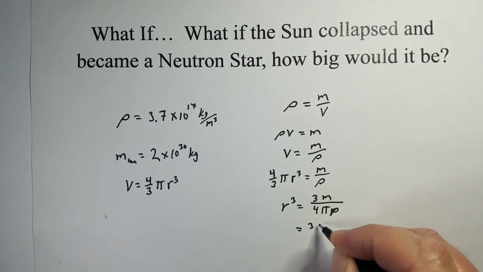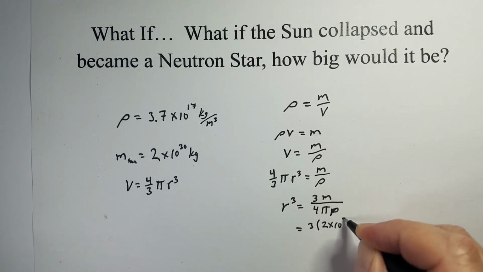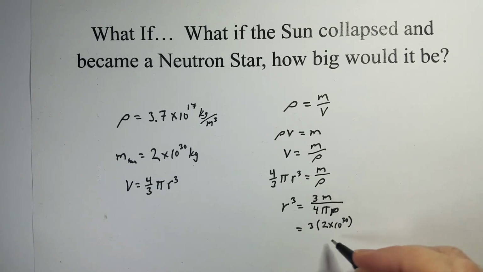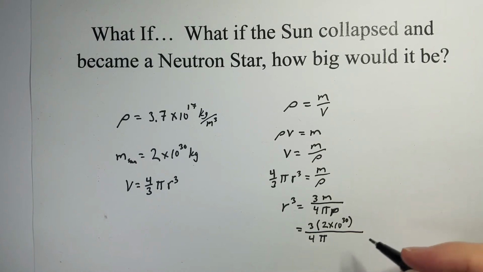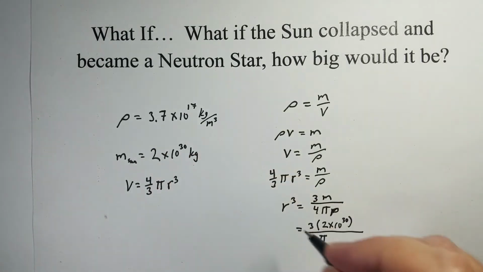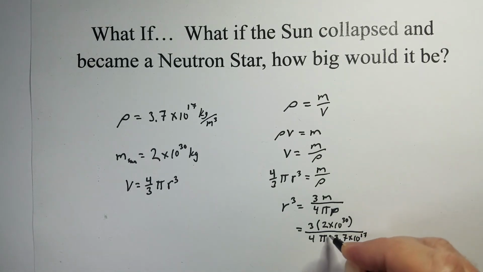So 3 times the mass of the sun, which is 2 times 10 to the 30th, over 4 pi, and I'm just going to use 3.14, times the density, which is 3.7 times 10 to the 17th.